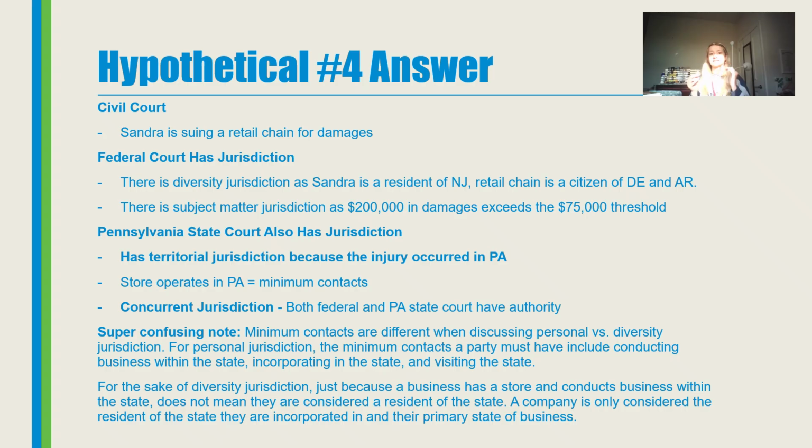However, when it's on a state level, the retail chain would have minimum contacts just by having a store in that state. So that state meets the requirements. So the requirements are different on different levels.